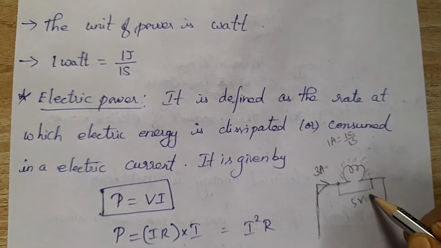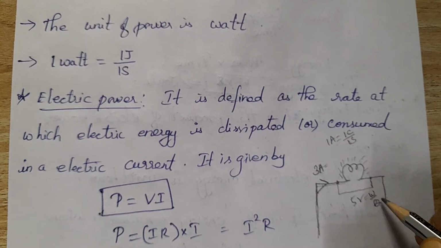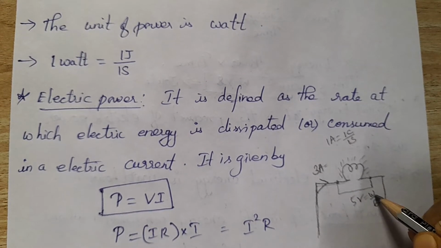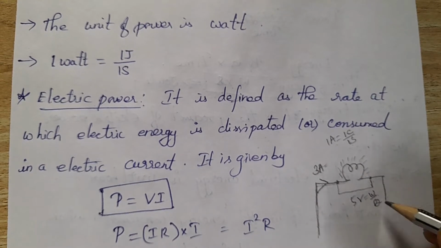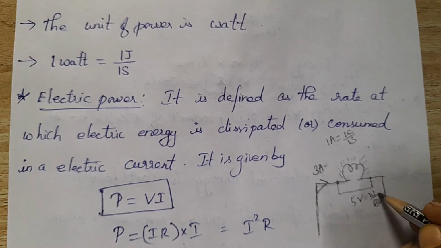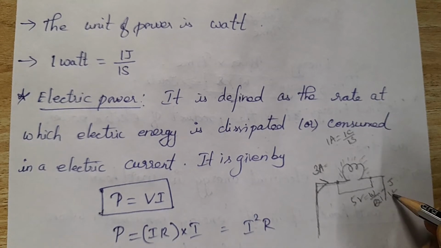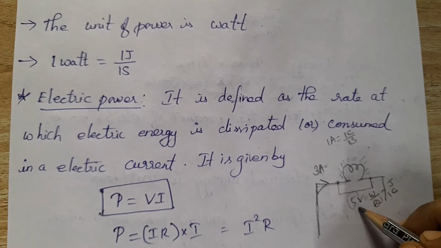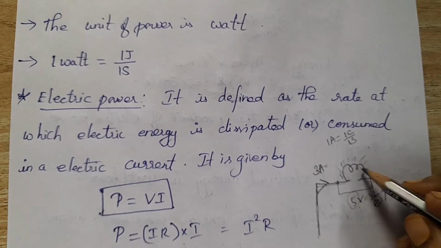Volt means work done in moving a unit charge from one place to another, from here to here. To bring 1 coulomb of charge from here to here, it requires 5 joules of energy, right?